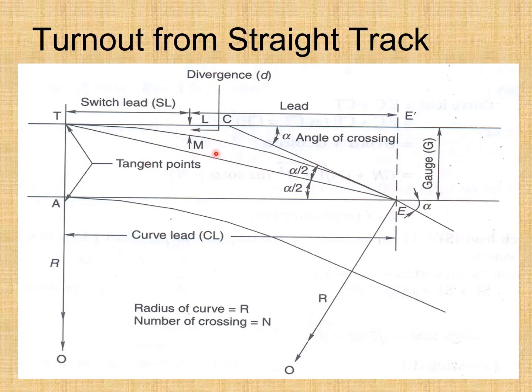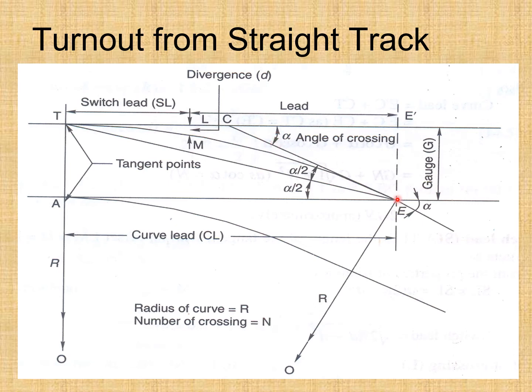Now look at this figure that is showing the turnout from straight track. You can see that this is the tongue rail, or rather you can say this is the switch. This is one switch, this is the other switch, and that is the point. If you just look at this V piece, this angle is alpha, that is the crossing angle, and if we extend this line like this, obviously this angle is also alpha, that is the angle of crossing.